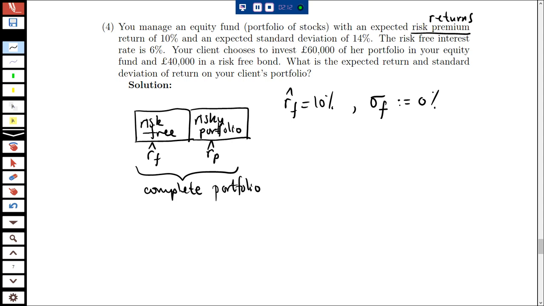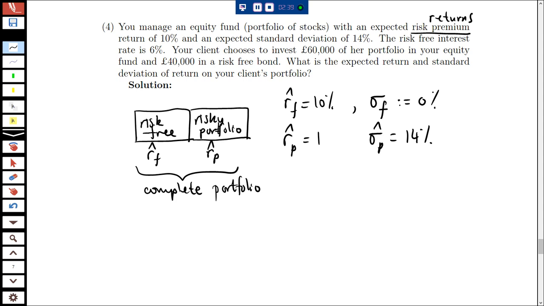We have the risk on the portfolio, and its expected return. Those numbers are not jumping out at me. Where are they? So this one is 14%, and the expected return is 10%.